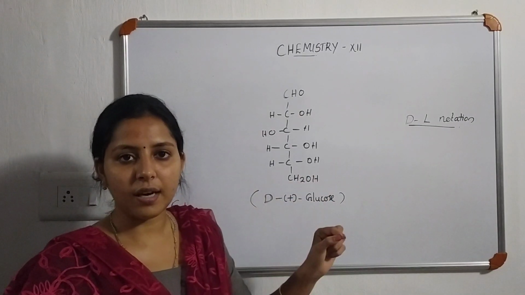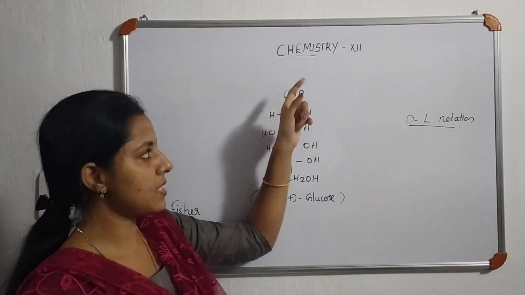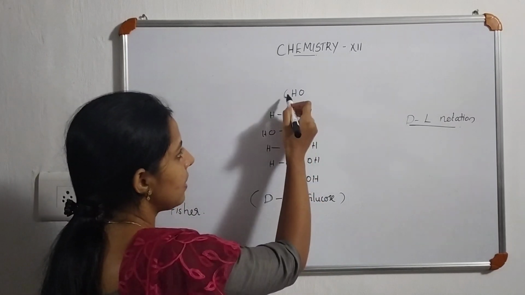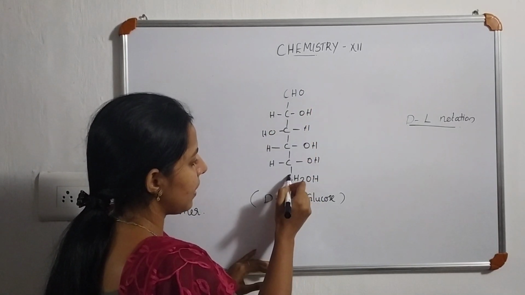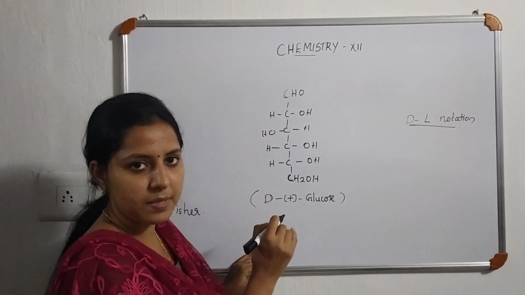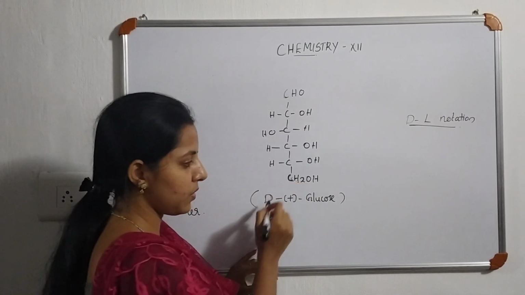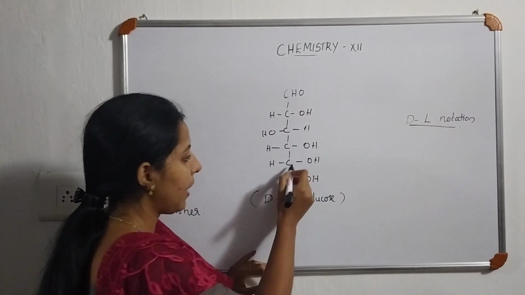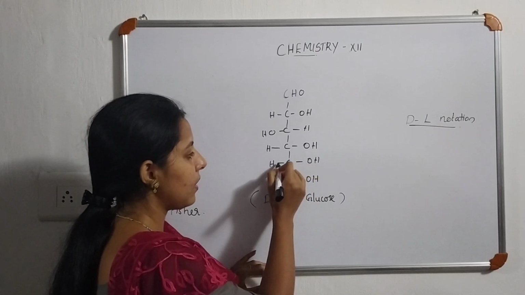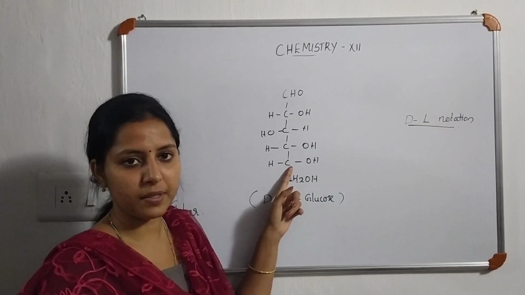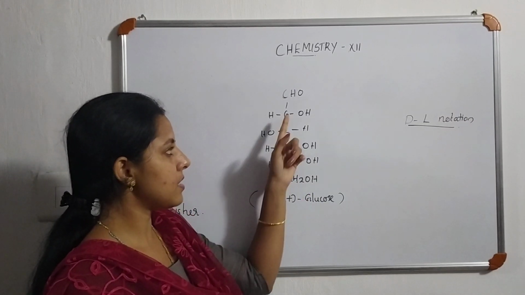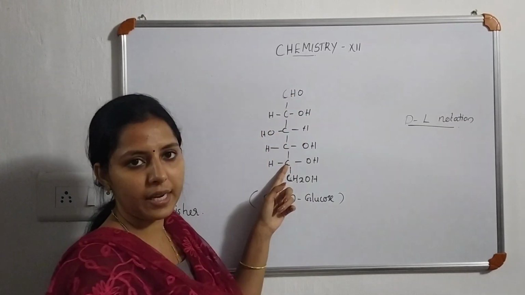Consider the asymmetric carbon which is farthest from the aldehyde group. Here this is the farthermost carbon atom, but it is not asymmetric because there are two similar hydrogen groups. So it is not an asymmetric carbon. And consider this one. Here all the groups attached to this carbon atom are different, so it is an asymmetric carbon. So this is the farthest asymmetric carbon from the aldehyde group.